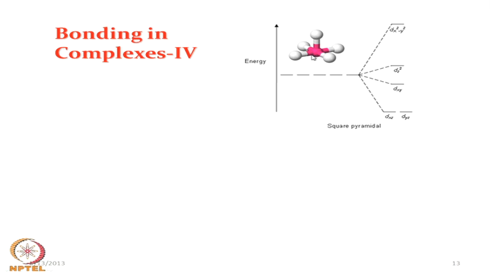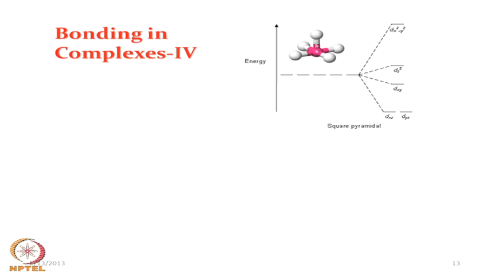Now, what is happening? We are just stabilizing along a particular axis, that means the z axis. So, instead of a double z-out situation, this is a single z-out situation from the octahedral compound. So, one of the ligands we are pushing from the metal-ligand distance to an infinite distance, just pushing it towards infinity.